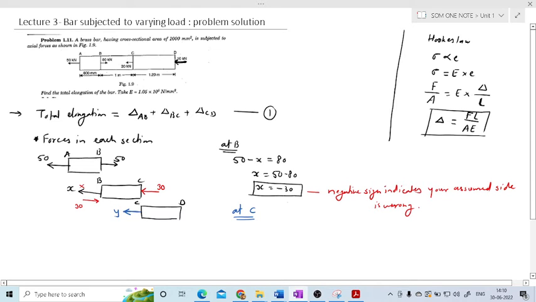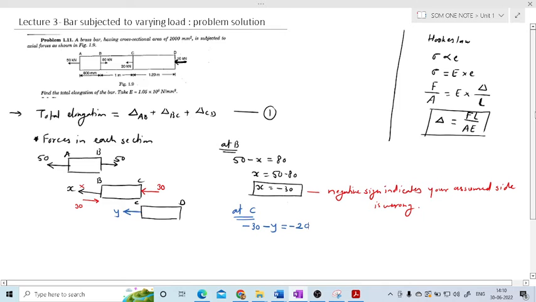If I add these two C sections, the total will be equal to the force value given in the problem at C. So add these two. This 30 is towards left, then y is also towards left. So minus 30 minus y will be equal to the value given at C. It is 20, but it is also on the left side, so it will be minus 20.